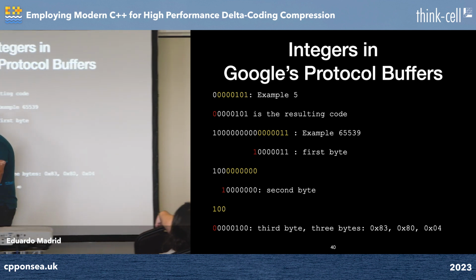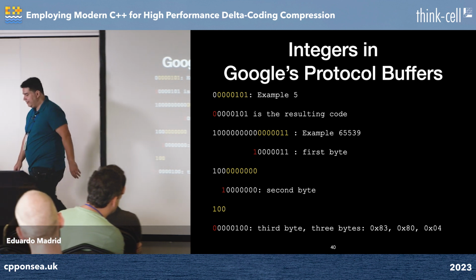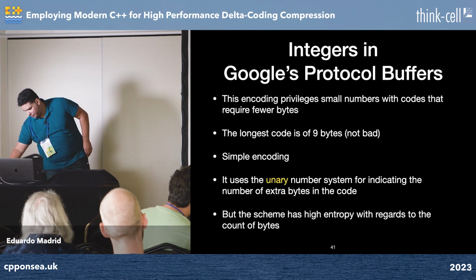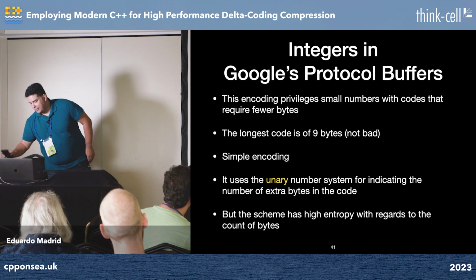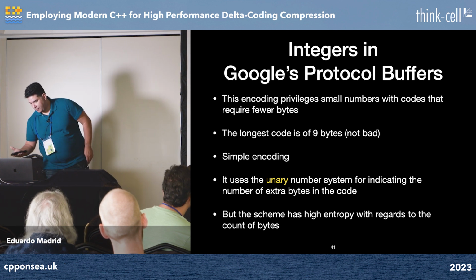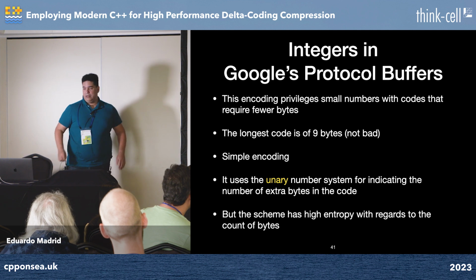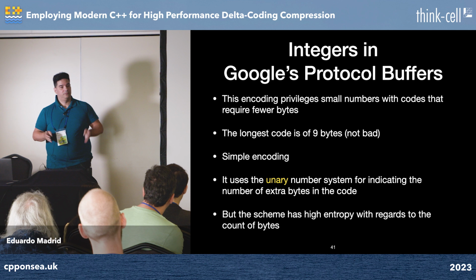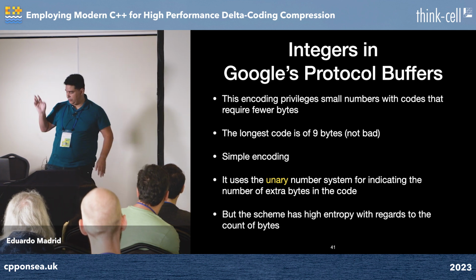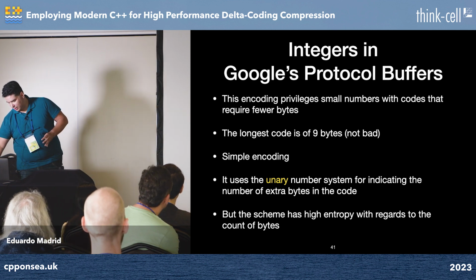Okay. So, what is it that we're doing? What is it that Google is doing? It is privileging small numbers with codes that require fewer bytes. We agree with that? Did we see that? If not, I should go back to explain it better.